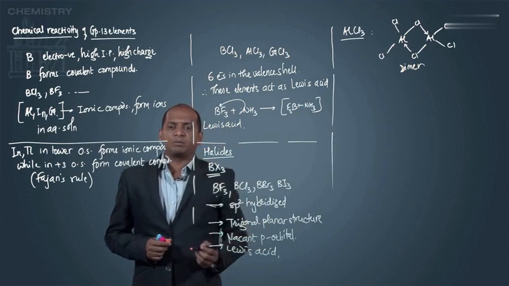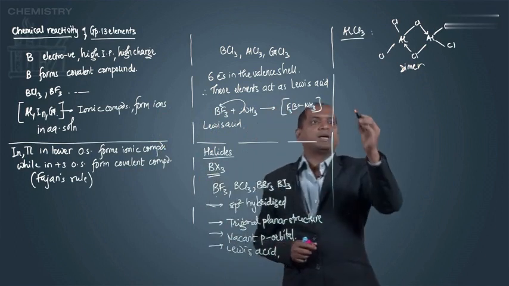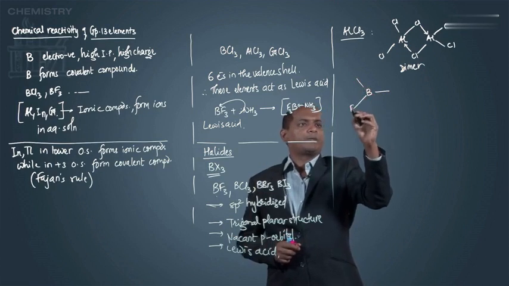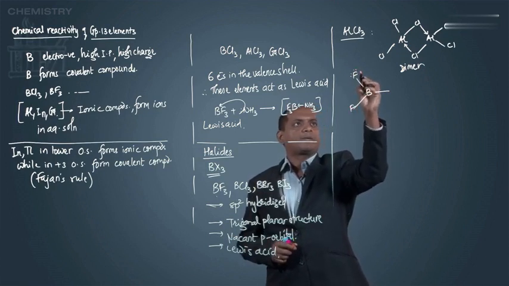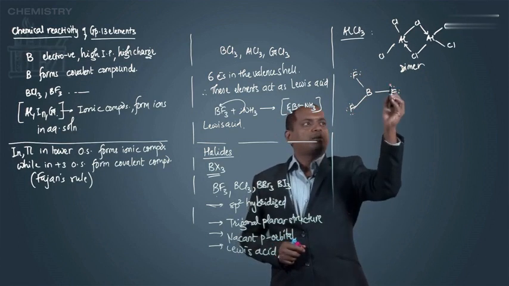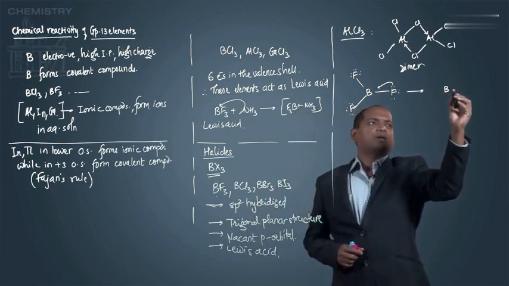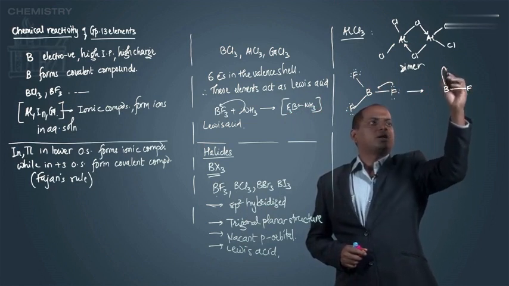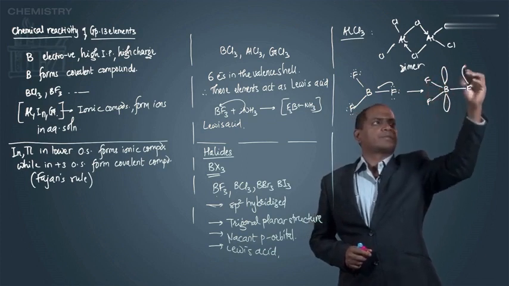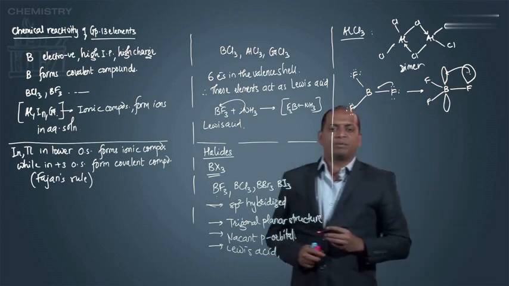So why is there no formation of dimer in case of BCl3, BBr3, BI3? Because in case of BF3, there may be a back donation. And hence there may be formation of what? p-pi interaction. So that lone pair is donated to the vacant p orbital.